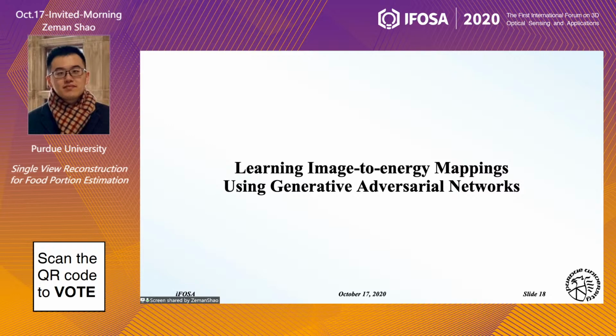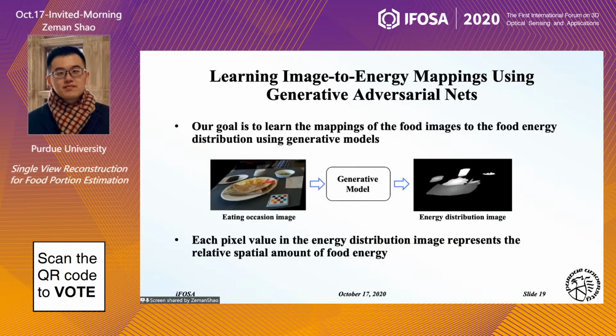We introduced this method called learning image to energy mappings using a generative adversarial network. In this method, our goal is to learn the mapping from food images to the food energy distribution using generative models.